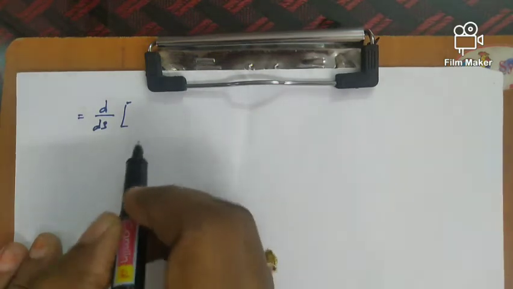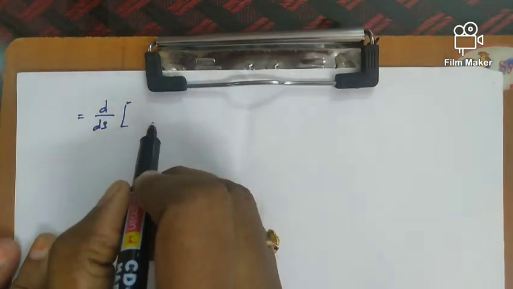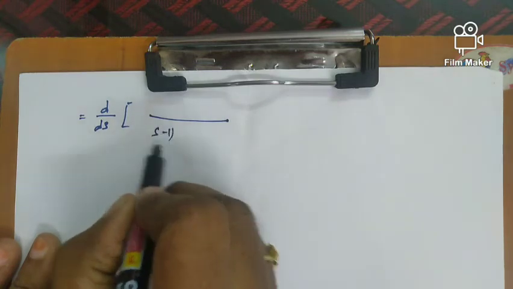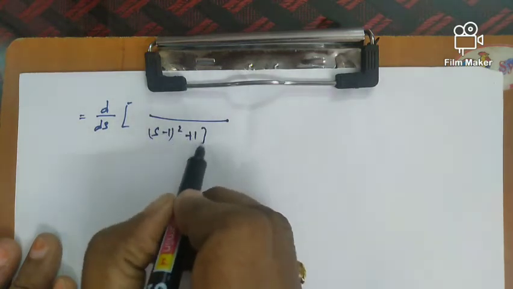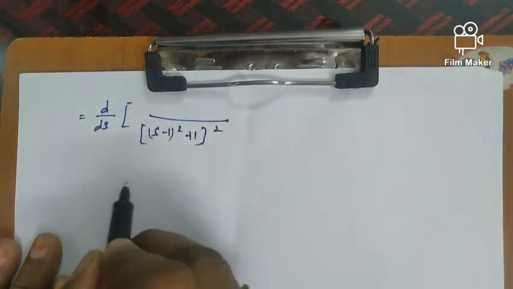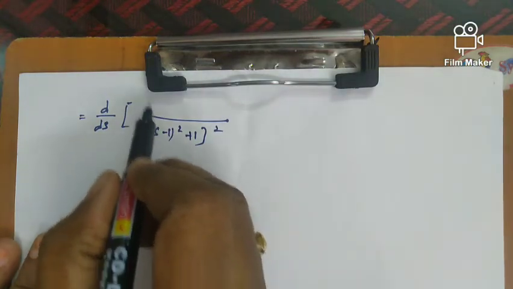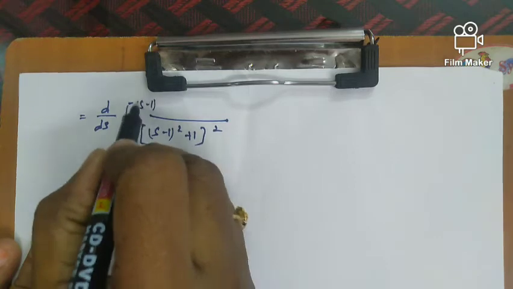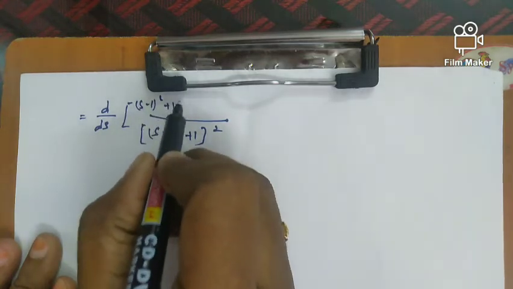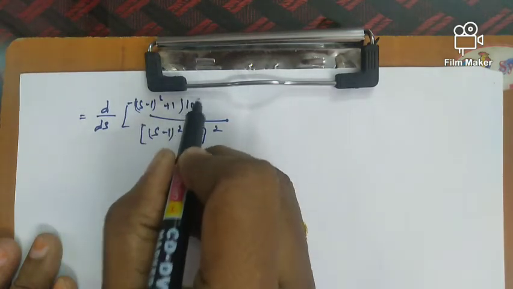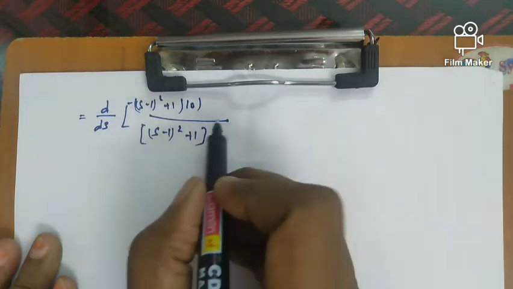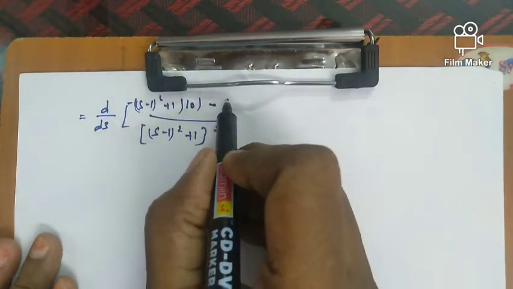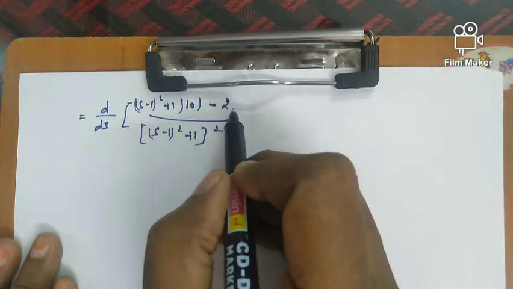Now we are differentiating the term, so first we have to write the denominator, (s minus 1) the whole square plus 1, whole square. Then the numerator we have to write this one into what? See, (s minus 1) the whole square plus 1 into 0, because differentiation of 1 is 0, then minus 2 into (s minus 1).